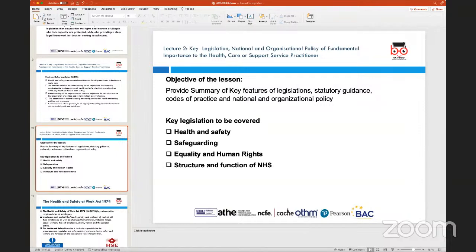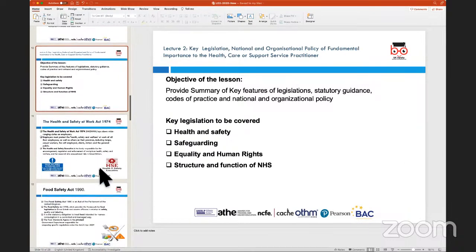So this is again an important piece of legislation, but it works in conjunction with some of the other acts that we're going to talk about, and they would be safeguarding, obviously health and safety, the Discrimination or Equalities Act, and then the NHS Constitution.